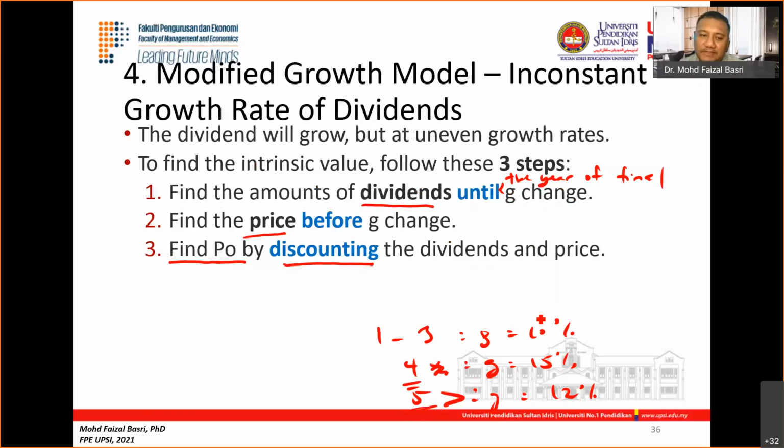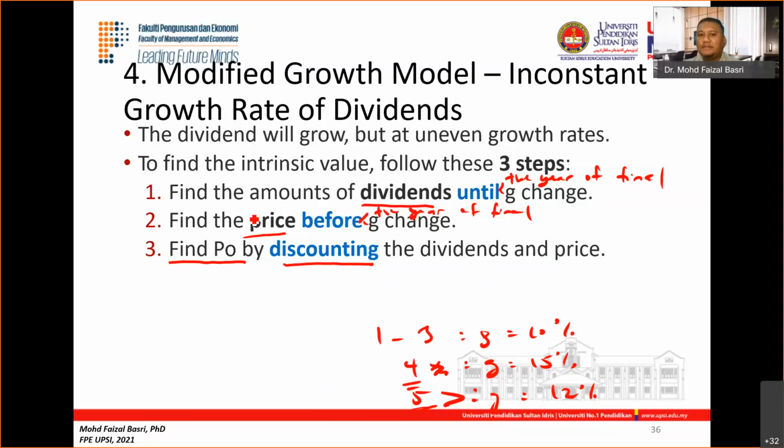Okay, so it's case-to-case basis, question-to-question basis. Read the question carefully. Step number 2, you're going to find the price, similarly, before the year of final G change. So meaning, if we find the dividend until year 5, for the price we're going to find the price one year before that, which is year 4, P4.